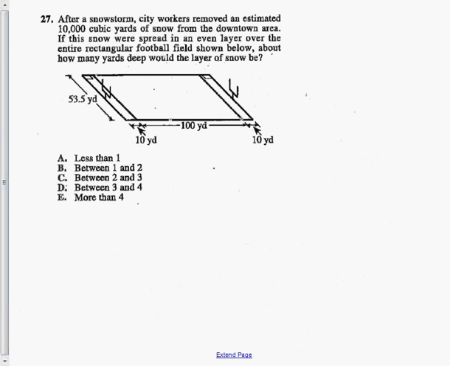The football field dimensions that they give you is two-dimensional, but the snow that they have is three-dimensional, right? It's cubic, right? So it's yards times yards times yards. Here, the football field is, you got this length, it's 100 yards plus 10 plus 10, because they got some more over there, right? So it's 120 for this length, and then this width up and down is 53.5 yards.